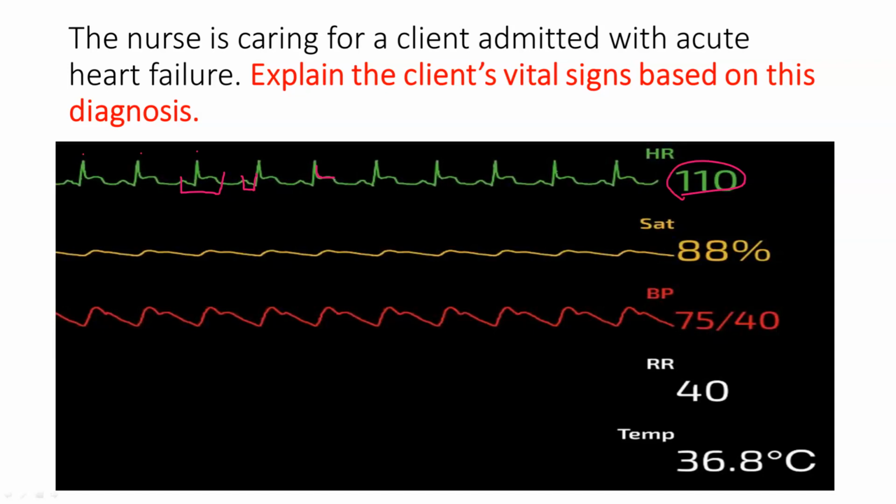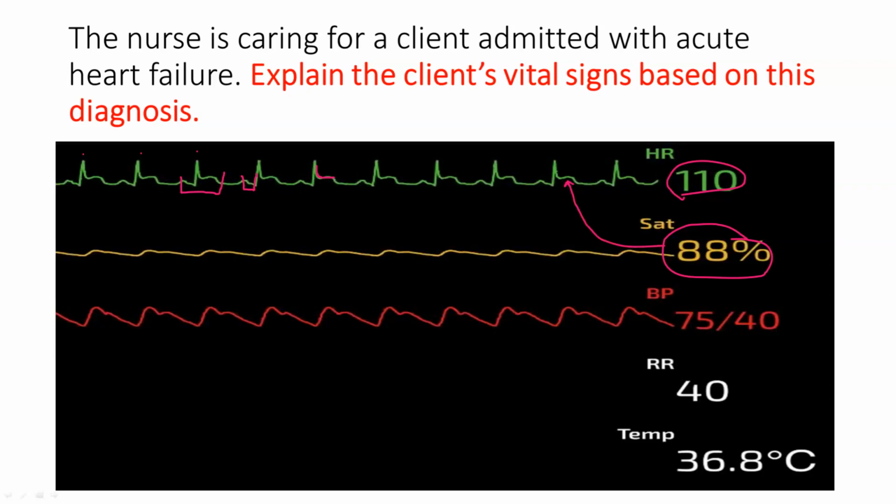Well, here the SpO2 is 88%. I know that that is not my 95 to 100, and as long as this client doesn't have COPD, I can explain why I have or might have some ST elevation, because I am hypoxic. I have a bad pump.